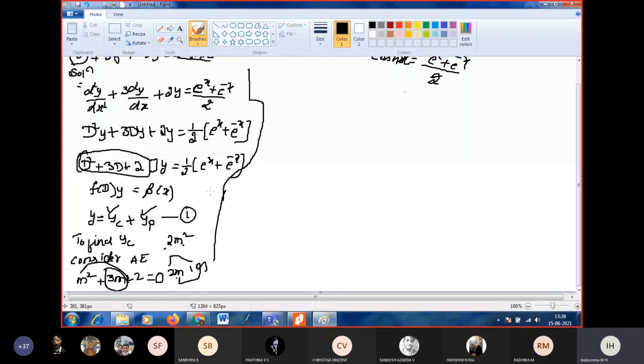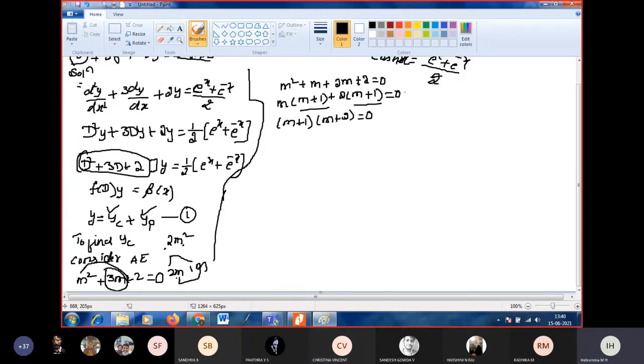So it can be written as m square plus 1m plus 2m plus 2 equal to 0. Then take m common: m plus 1, plus take 2 common: m plus 1 is equal to 0. Since m plus 1 is common, take m plus 1 common. What are we left with? m plus 2. m plus 2 is equal to 0.